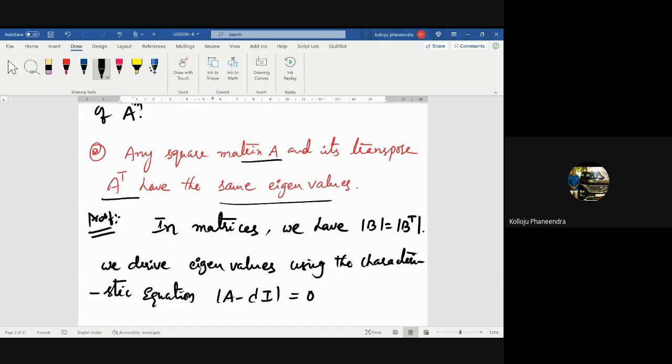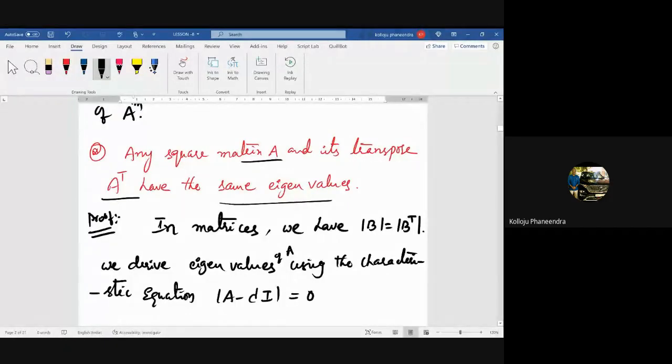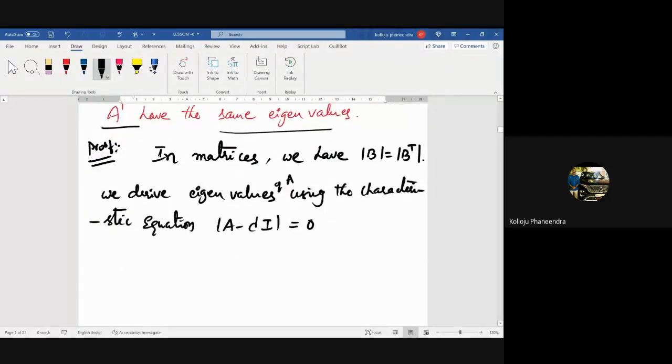We derive eigenvalues of A using the characteristic equation, determinant of A minus lambda I equal to 0. Similarly, we get eigenvalues of A transpose by solving the characteristic equation.